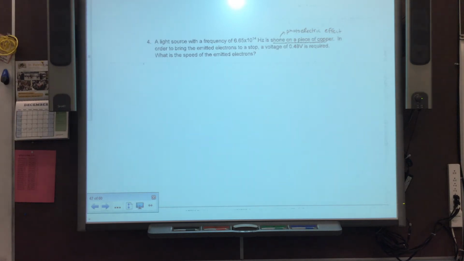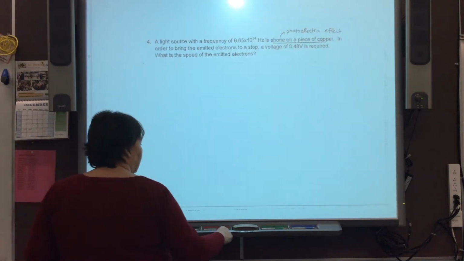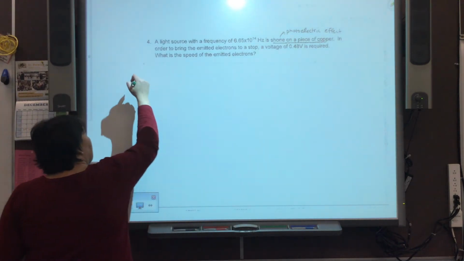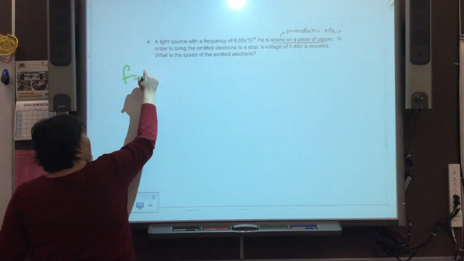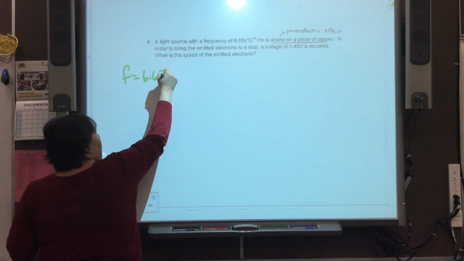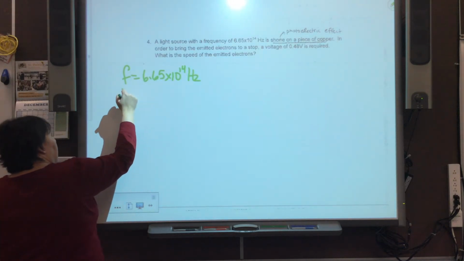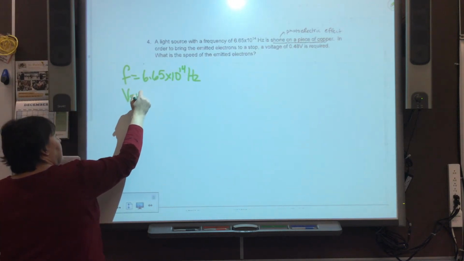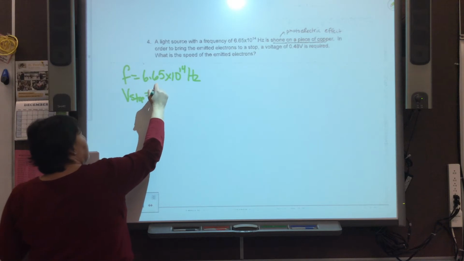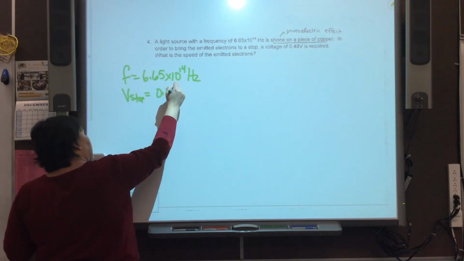In order to bring the emitted electrons to a stop, a voltage of 0.48 volts is required. What is the speed of the emitted electrons? So the information that we have: stopping voltage is 0.48 volts.